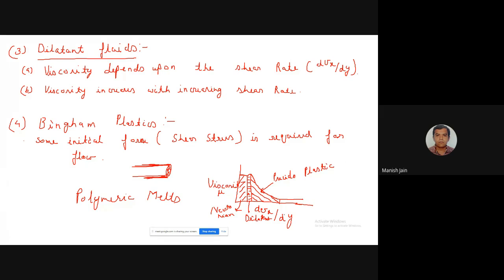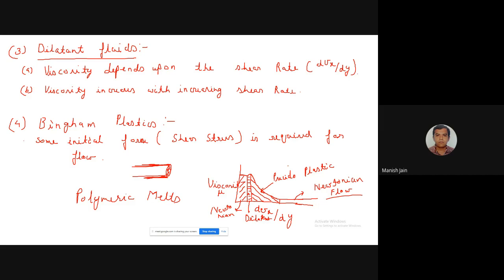And again, at very high shear rate, you have constant viscosity, so this is again the Newtonian region. So you have different types of flow regions at different shear rate ranges.